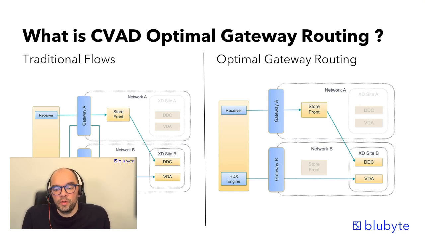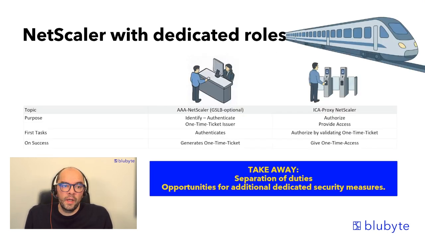But you can also look at it from a pure network security perspective. You can give NetScalers dedicated roles. For example, you can give a NetScaler the role of only taking care of authentication, application enumeration, and handing out those one-time tickets.